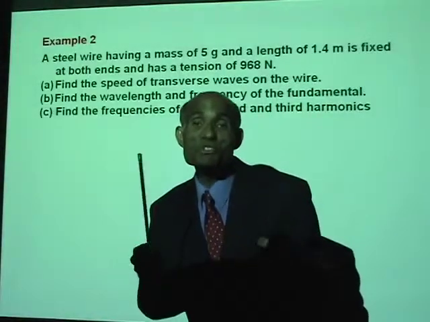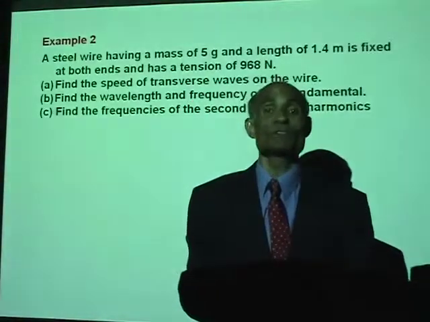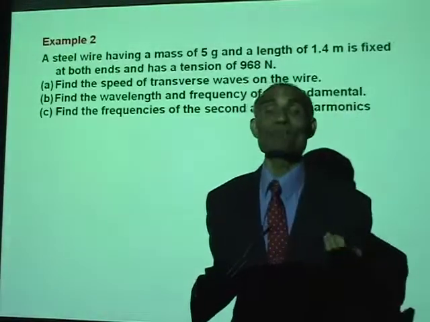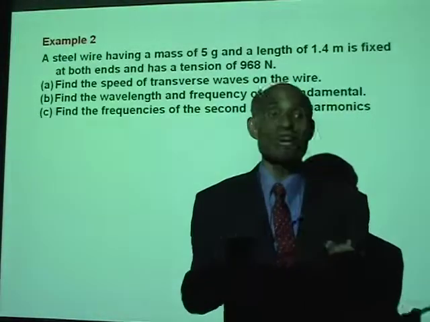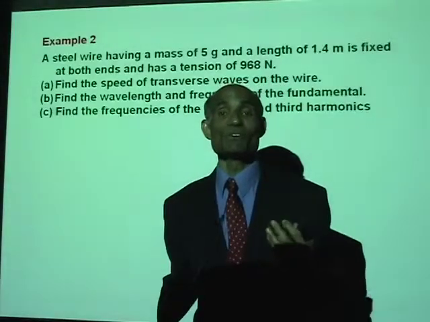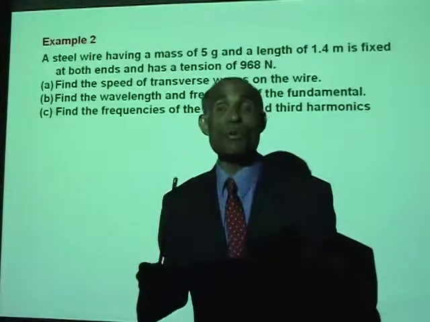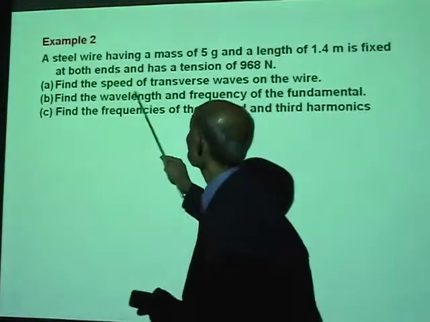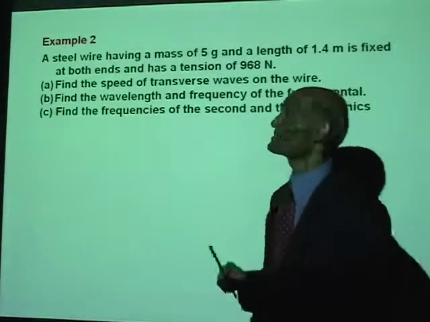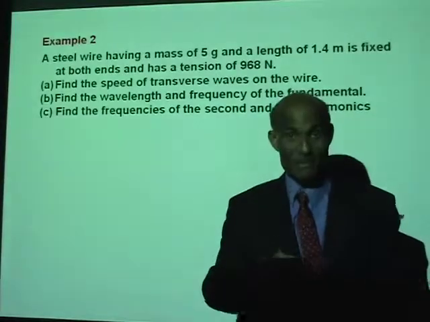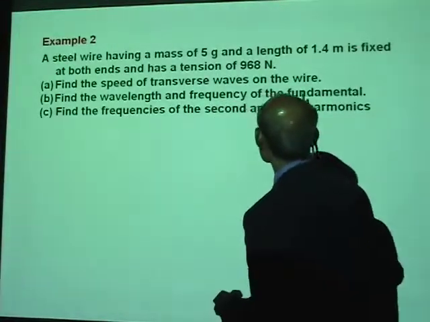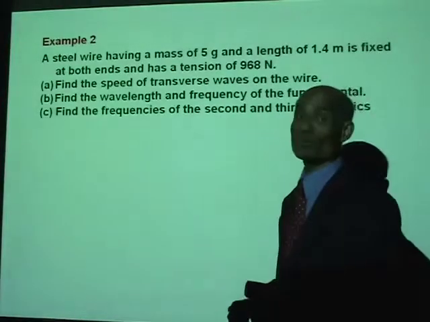What can these two pieces of information be used for? We can use them to find the speed of the wave on the string. What's the equation for the speed? v equal to square root of T over mu. So find the speed of transverse waves on the wire. We have done that already, is that right? Alright, find the wavelength and frequency of the fundamental.